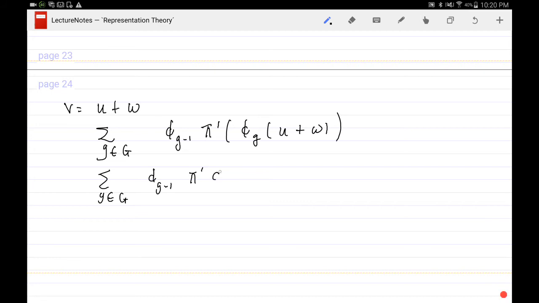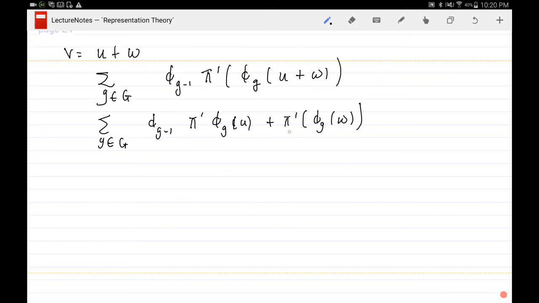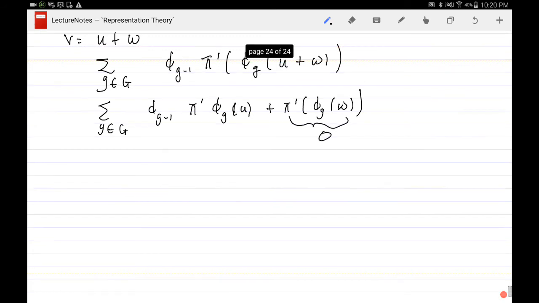And so we'll get that, and now pi prime is a projection. In other words, this is going to be 0. And what does this give? So what does this give?